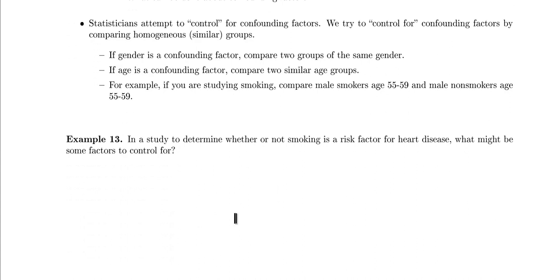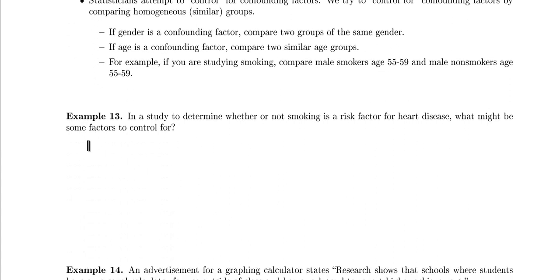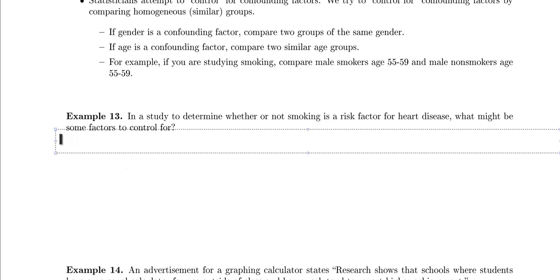So for example, in a study to determine whether or not smoking is a risk factor for heart disease, what might be some factors to control for? We're talking about smoking, so maybe you want to control for the frequency of smoking, so the number of cigarettes that you go through in a day.